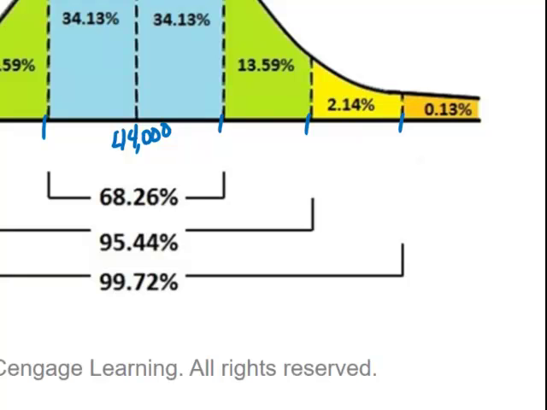Okay, so I have to add 44,000 and 2,500. So it looks like that would be 46,500. I'm going to add those up and write those in for you. I wish they'd give me a little better numbers, but we'll take those numbers.